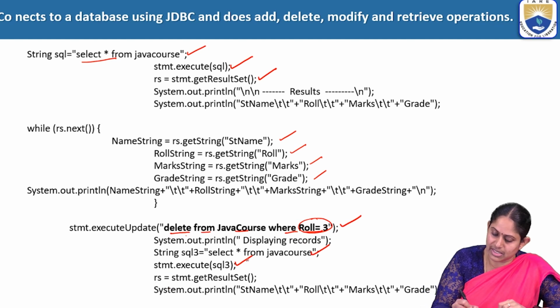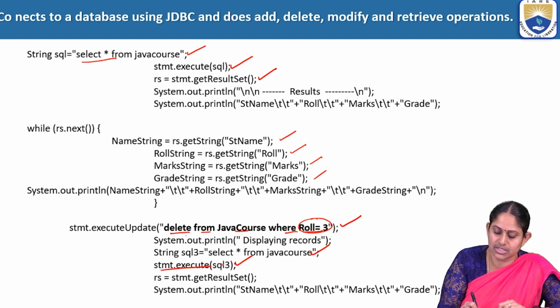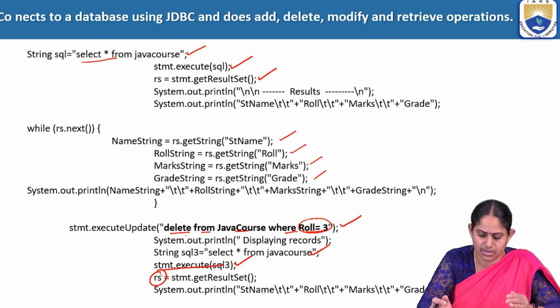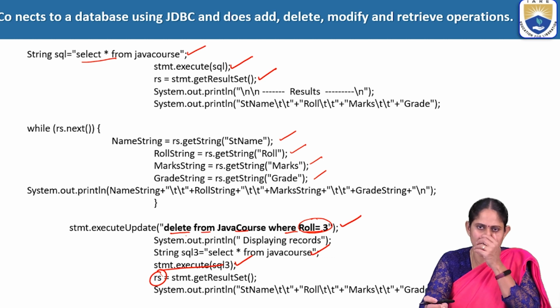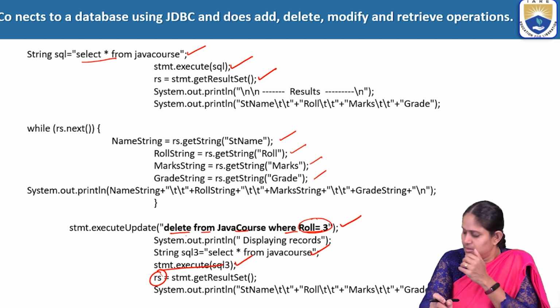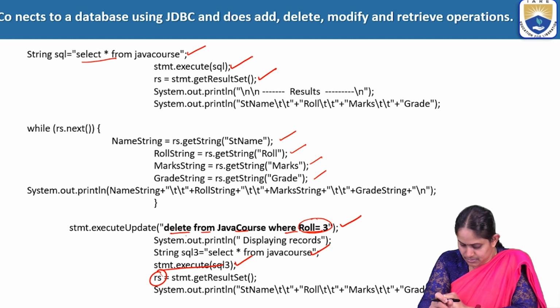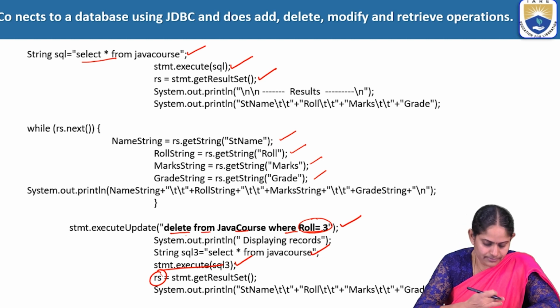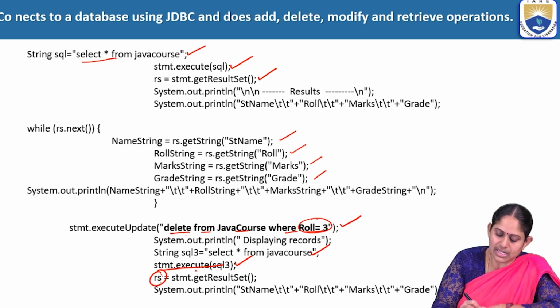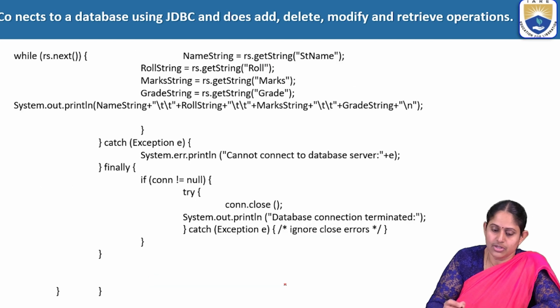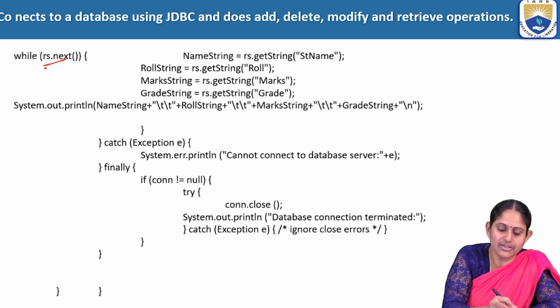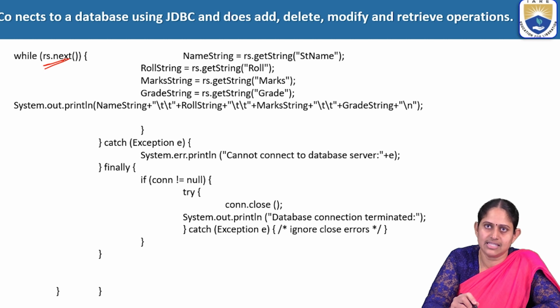When you execute this SQL statement, that resulting table will be passed on to the result set. The whole contents will be passed on to the result set, and we are retrieving those values. Here we are checking whether the result set contains any value.